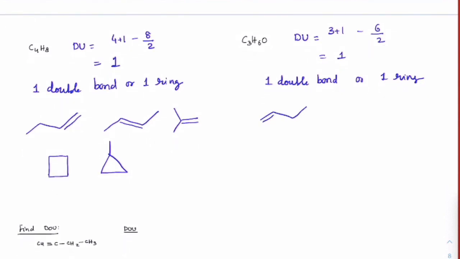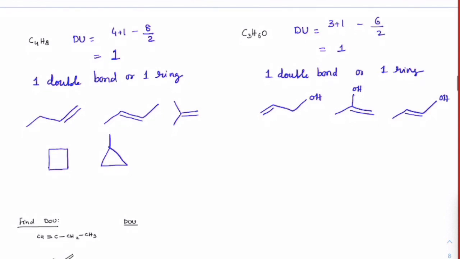Okay. See the possibilities here. I can have this way, this is one possibility, with OH. I can have a double bond like this. I can have a double bond here with OH. Got it? Next, I have 3 carbons, so a double bond O and H here.